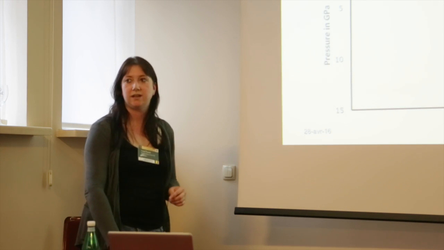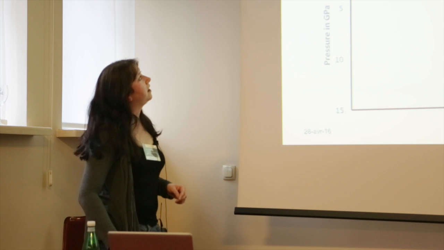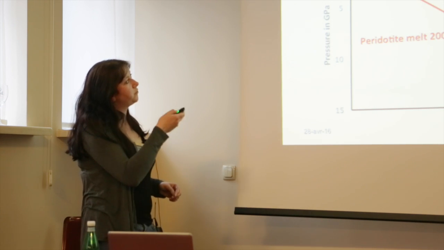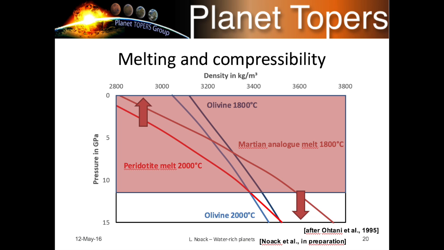First, there's one other thing that I want to shortly address, which is that if you compare the density of solid material in the mantle and liquid melt, the density of the molten material increases most strongly with pressure, with depth, which means that there's only a limited region of pressures possible where melt would actually rise upwards.